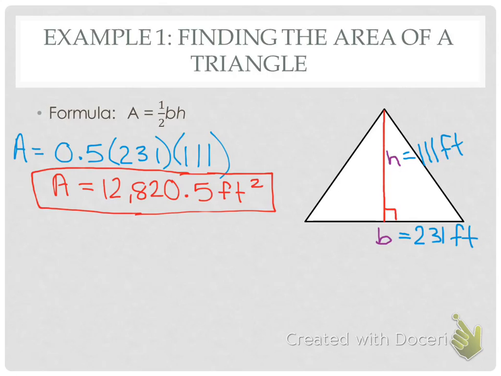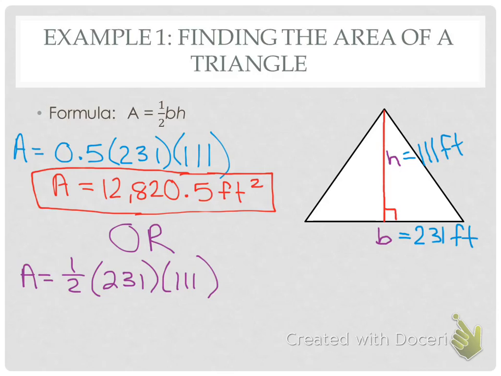All right, now here's another way you could do this, okay? Now, the first way, I believe, is the easiest, okay? But the other way you can do it is A equals 1/2 times the base, which is 231, times the height, which is 111. Now you can just half 231, half the base.